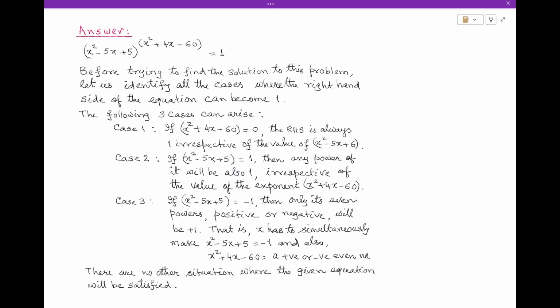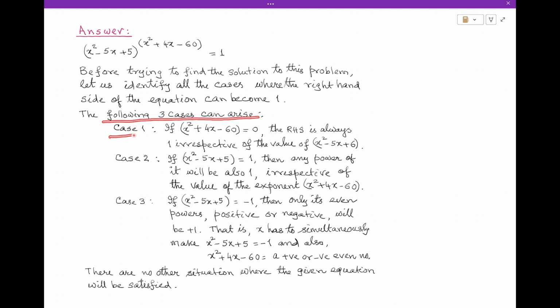Before trying to find the solution to this problem, let us identify the cases where the right-hand side of the equation can become 1. The following three cases can arise.